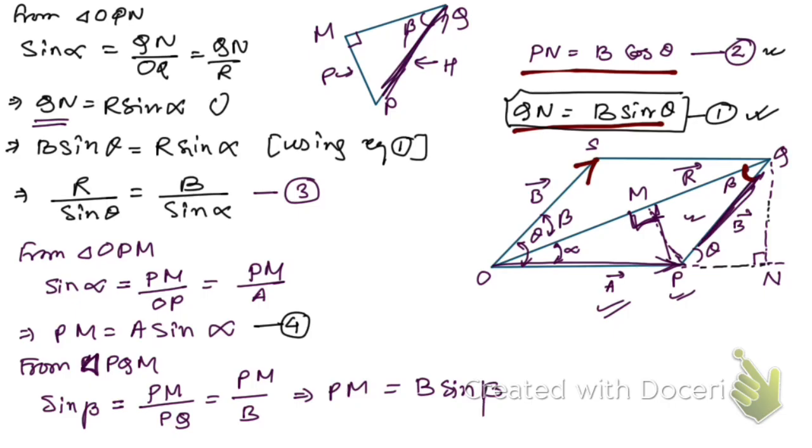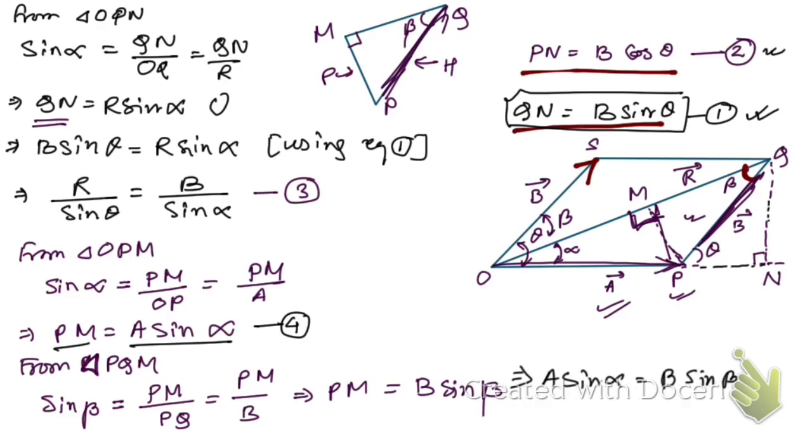Now we have PM equal to A sin alpha from equation number 4, so we can write A sin alpha is equal to B sin beta.